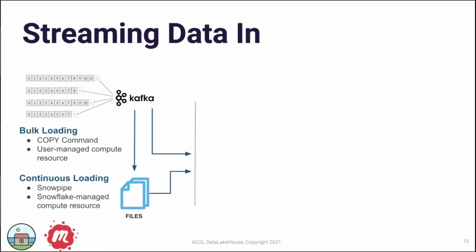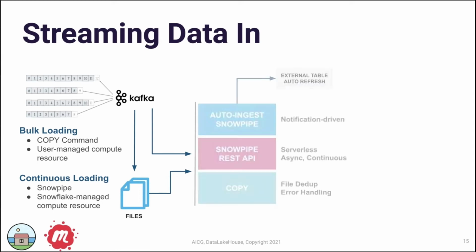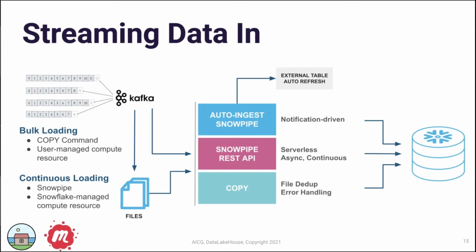Just a few more slides here, and we'll talk about streaming data. Again, Kafka is a big buzzword these days. It's a pub-sub sort of mechanism that's always looking for changes and, based on that change, moving data to a different area. So we look at this as the continuous loading aspect. But the general idea is that you're either copying data in, using a REST API, or using Snowpipe with this auto ingest capability, and at the end of the day, it's all headed towards your Snowflake database, your Snowflake storage.